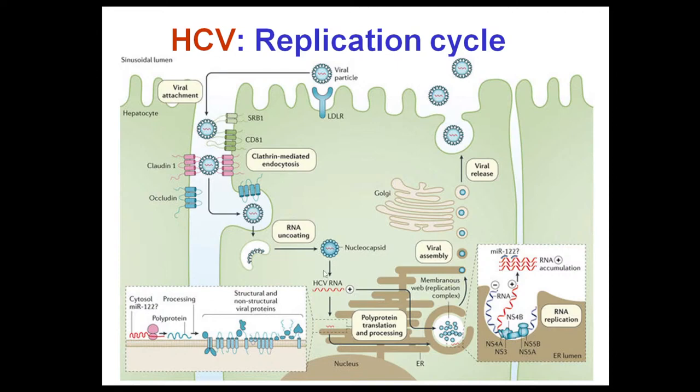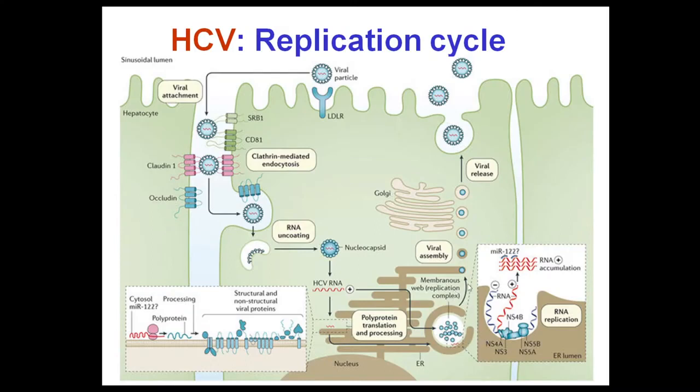Okay, you can see here that as soon as the positive-sense genomic RNA is released, polyprotein translation occurs because the RNA is recognized directly as mRNA. And then the viral proteins are produced.